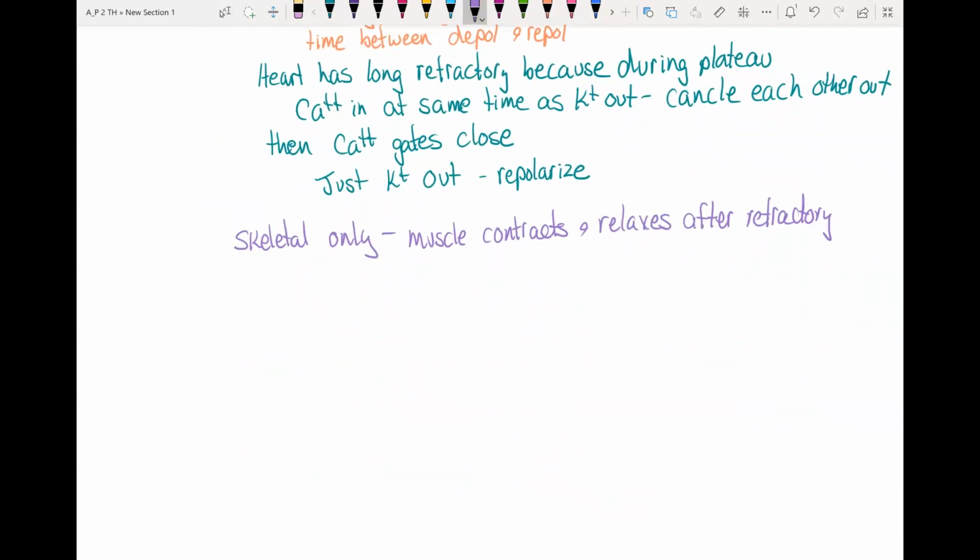So if we come down here and write this out, skeletal only, the muscle contracts and relaxes after refractory. This means you can re-stimulate before it relaxes. So this allows you to achieve tetany, which is just a sustained contraction.